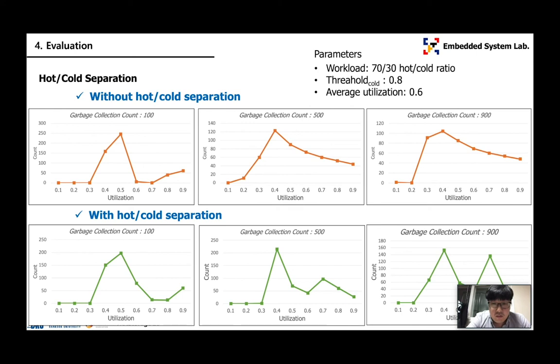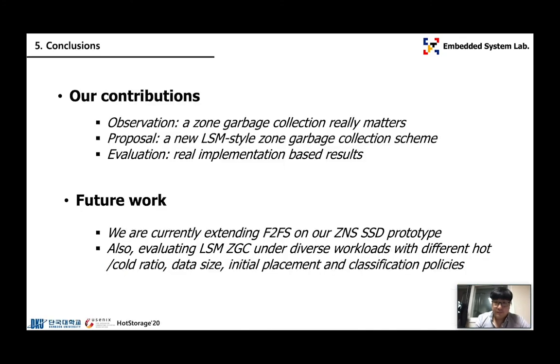This bimodal distribution allows selecting a candidate zone that has smaller utilization, providing better performance. Also, as the number of garbage collections increases, the bimodal distribution becomes more distinctive.